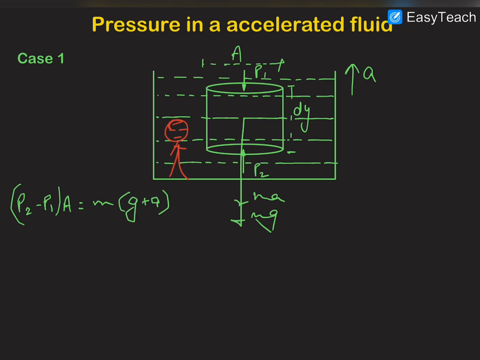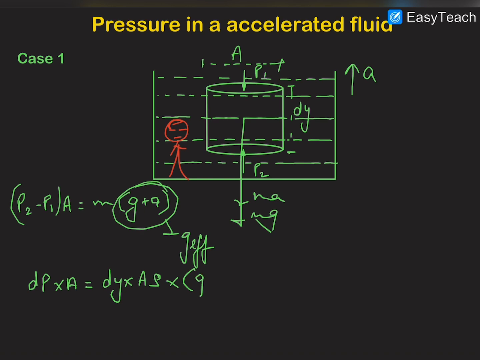Now this g plus a can be considered as g effective, the effective acceleration, and P2 minus P1, which is dp, into area will be equal to m times g effective. The mass of this cylinder will be volume into density, and volume will be dy into area, so mass is A dy rho, into (g plus a).